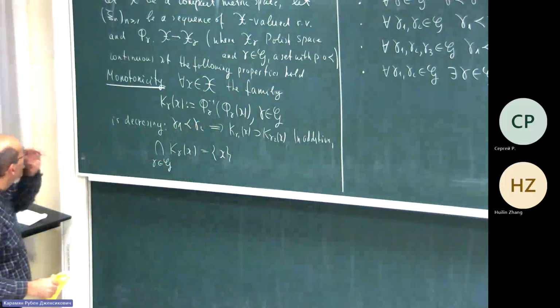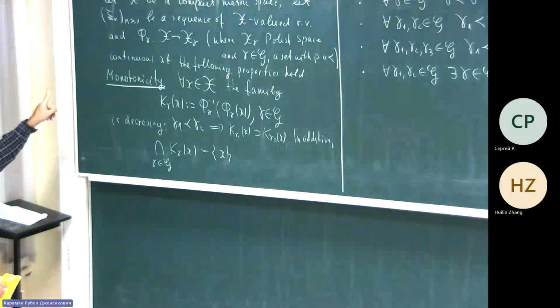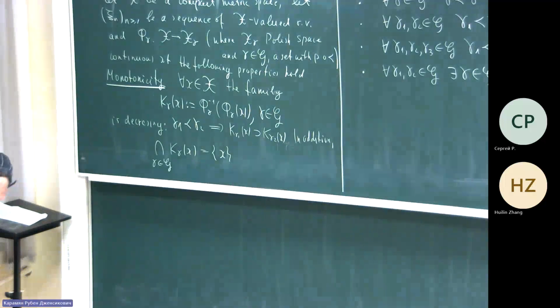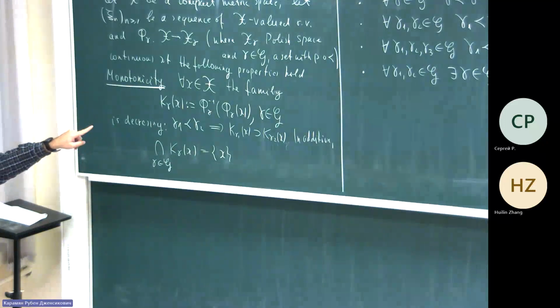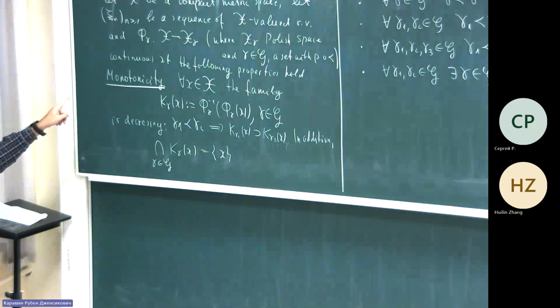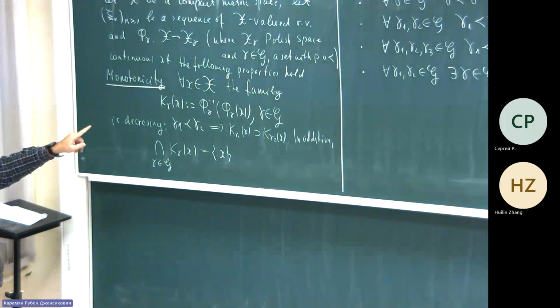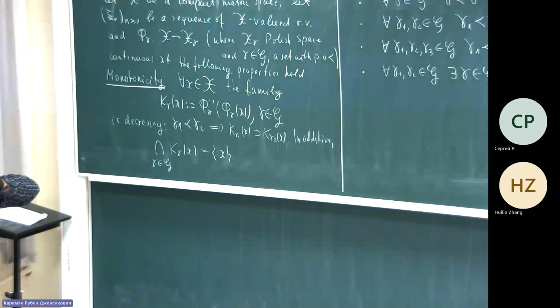Okay, one second. We have a random sequence in X. We have a lot of maps from X to X gamma. This gamma belongs to the set G, so these spaces and functions are indexed by a gamma, which belongs to a set with partial order. And then we assume the following two hypotheses. The first one is monotonicity.